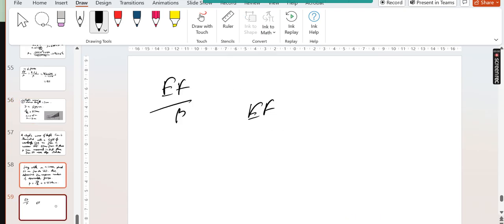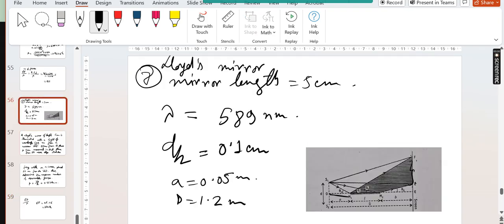So CE is basically B tan theta 2, and CF is basically (B plus L) tan theta 1, where this distance is L.